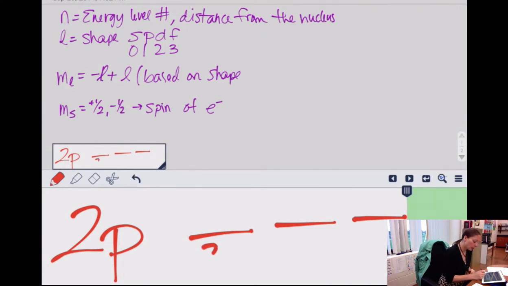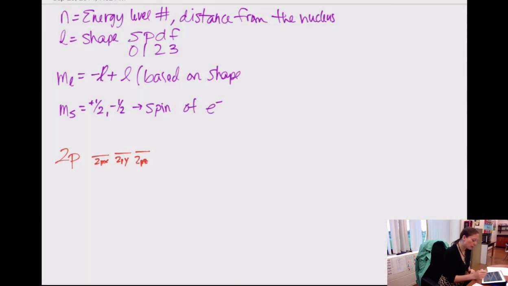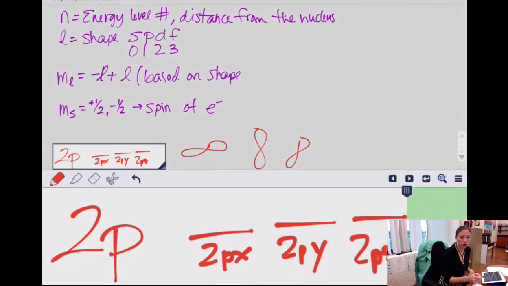You have what we call a 2Px, 2Py, and 2Pz. Remember my lobes, little dumbbells, one going this way, one going that way, and one pointing forward, one on the x, y, and z axis. So we learned this last year.